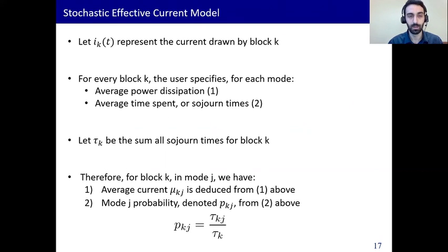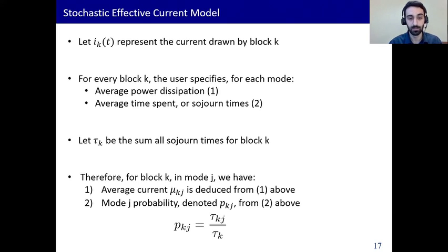More formally, let I_k(t) represent the current drawn by block k. For our purposes, I_k(t) will be a stochastic process. For every block k, in each mode, the user specifies the average power dissipation, which is in fact the design spec, and second, the average time spent, or sojourn time, in each mode.